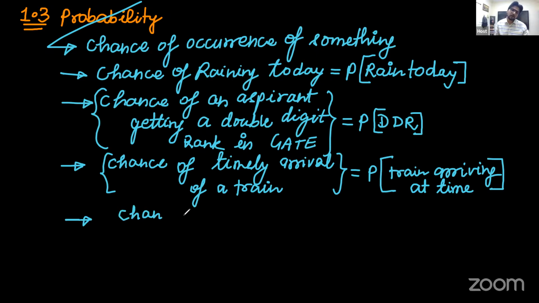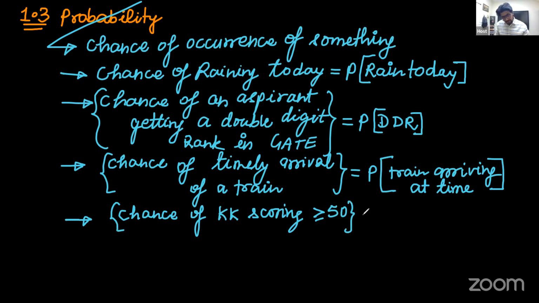What is the chance of King Kohli scoring more than 50 runs today? So you give it a mathematical representation like this, that the runs Kohli scores are more than 50. What is the P of that? So you write P and then brackets.